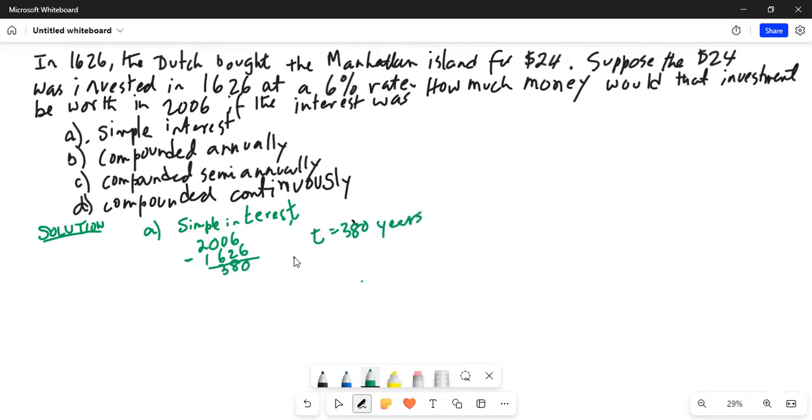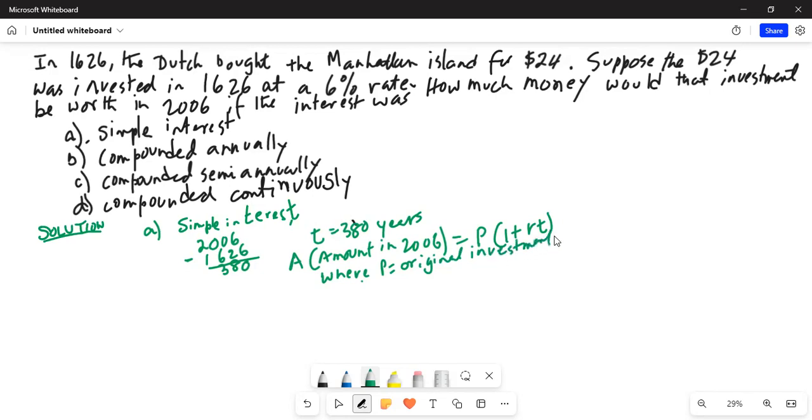For simple interest, the amount in 2006 is equal to P times 1 plus RT, where P is the original investment, R is equal to the annual rate in decimal.